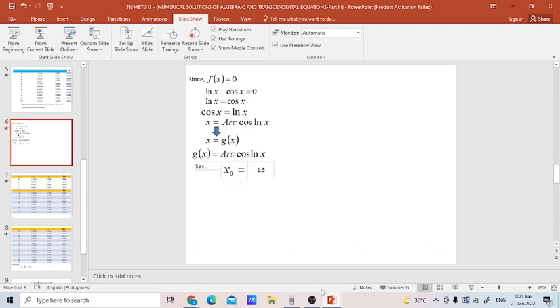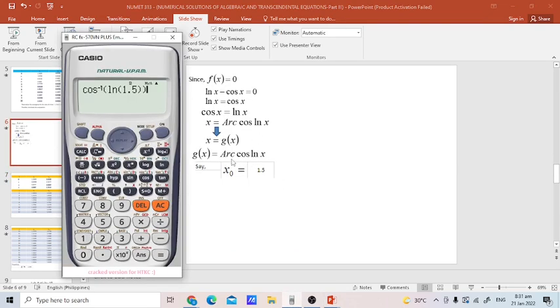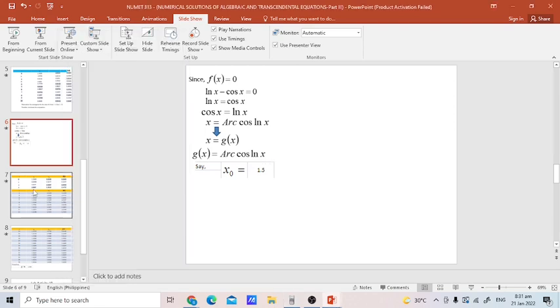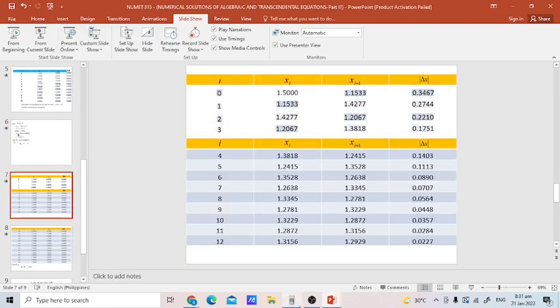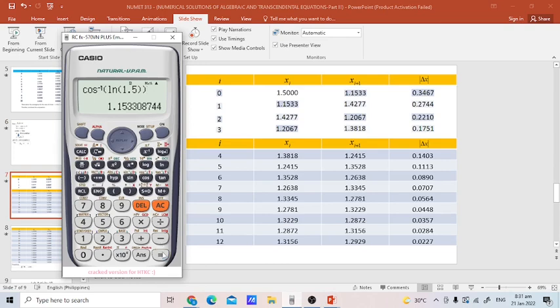Arc cosine ln 1.5. So, ang bibigay ng calculator ay 1.1533. Ito. Tapos kunin ng difference. Ito. Then, yung 1.1533, next iteration, ito yung first.